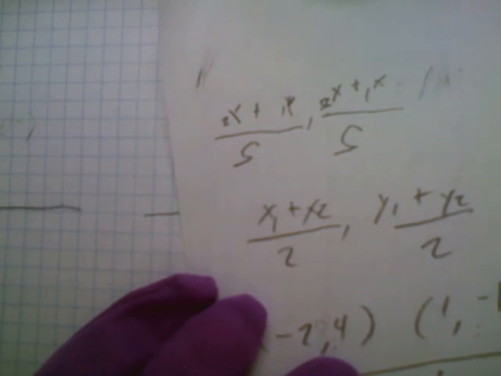Those formulas are right here. (x1 plus x2 over 2, y1 plus y2 over 2) is your midpoint formula. Now, really it's just plugging it in. Like I said in the Meet earlier, it doesn't matter which one is 1 and which one is 2.